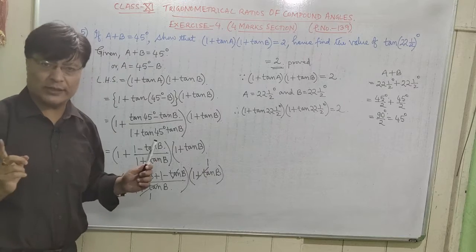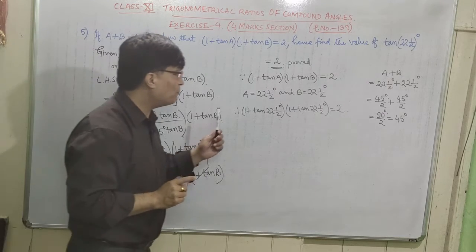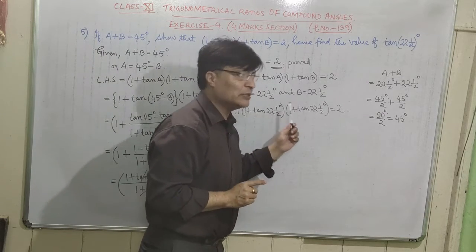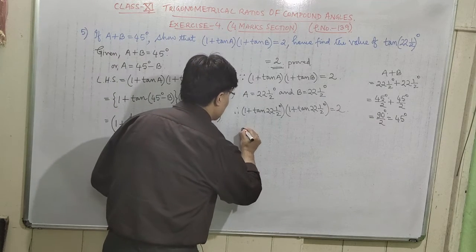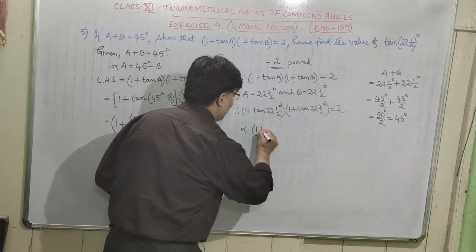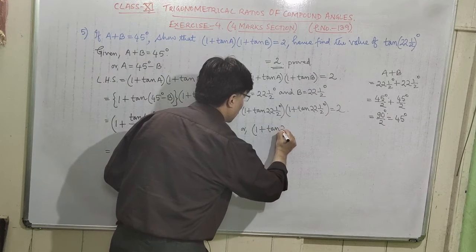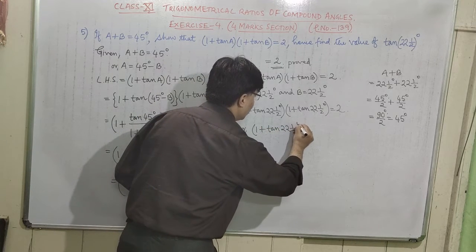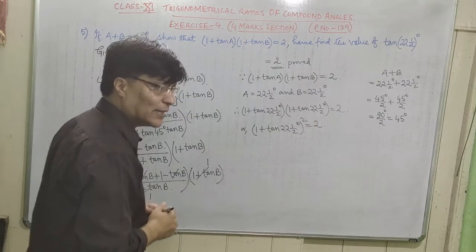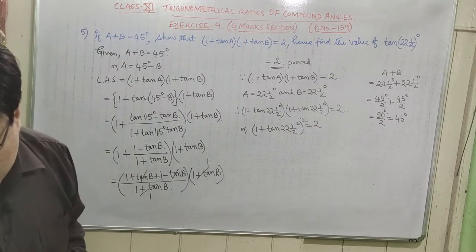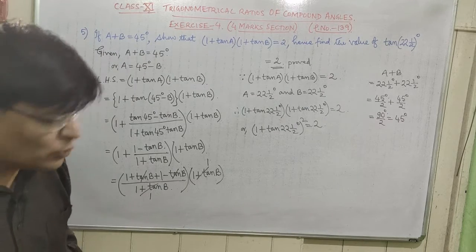So I think you have understood it. We have put A is equal to B is equal to 22.5 degree. These are the same expression, so you can multiply them. (1 plus tan 22.5 degree) whole square is equal to 2. Is that clear? So in the next step, what will you do?